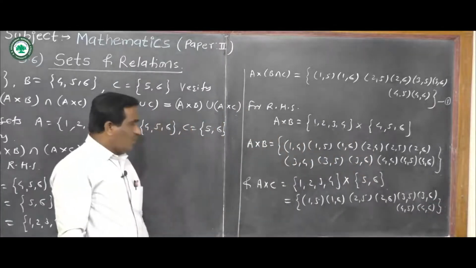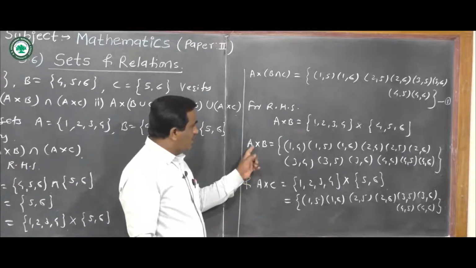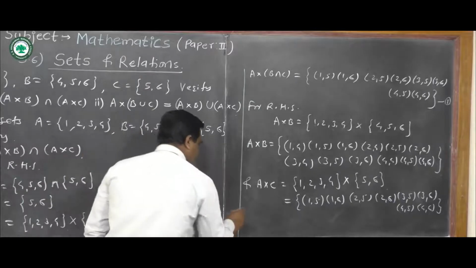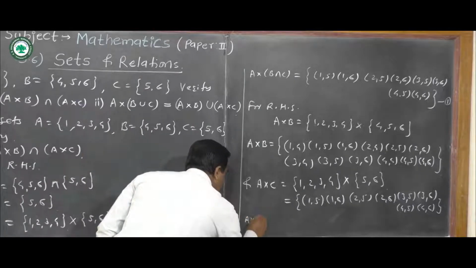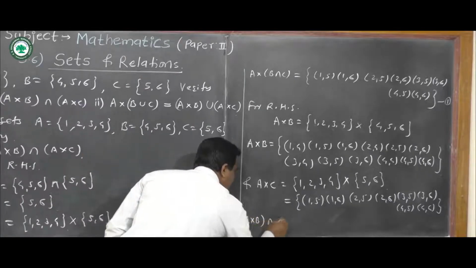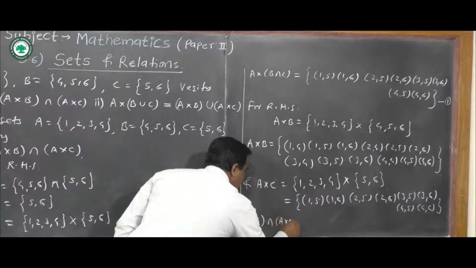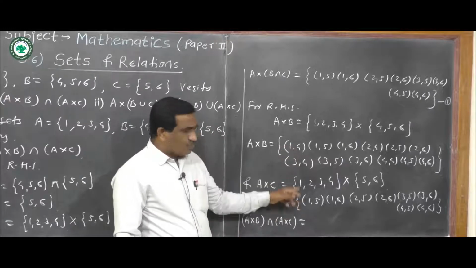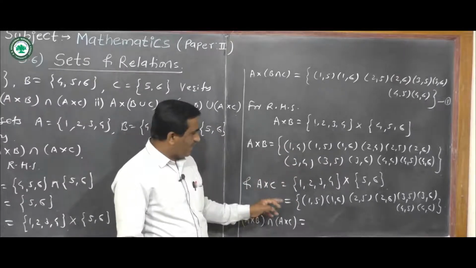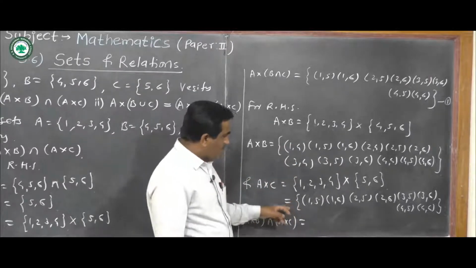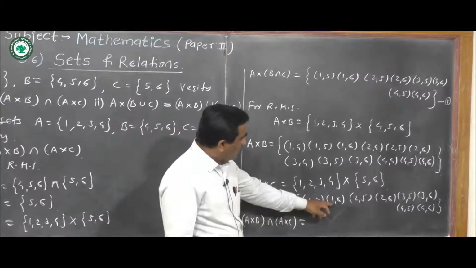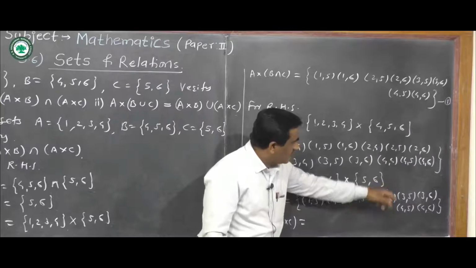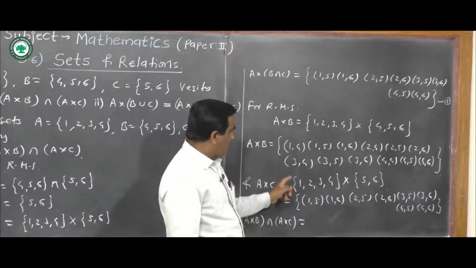Okay. Now we have to find RHS: A cross B intersection A cross C. That is, we can take the intersection of these two sets, A cross B and A cross C, and the intersection is 1, 5, 1, 6, 2, 5, 2, 6, 3, 5, 3, 6, 4, 5, 4, 6.